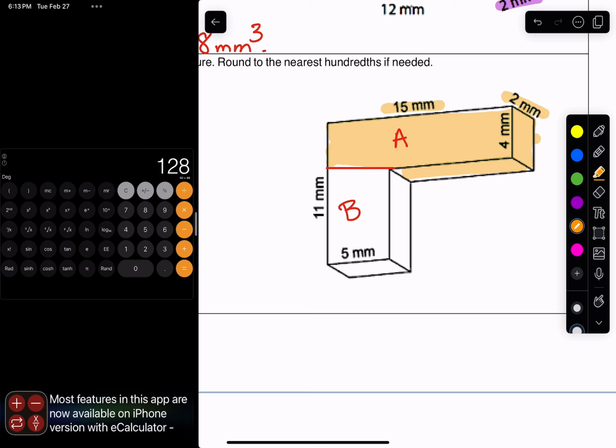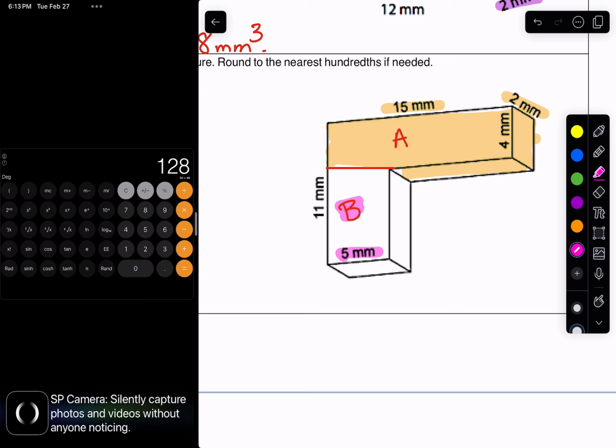So 15, 4, and 2. For figure B, however, I only have my length, sorry. So now I need to figure out what my height is and my width.